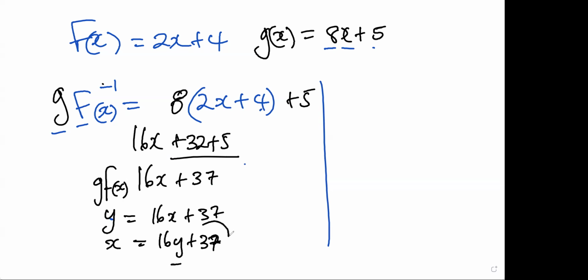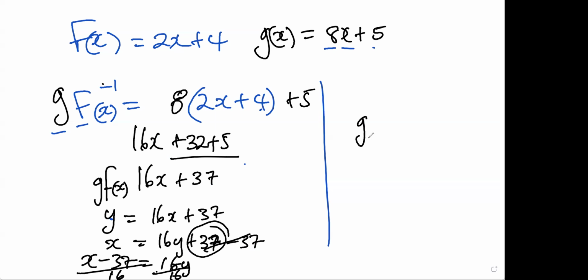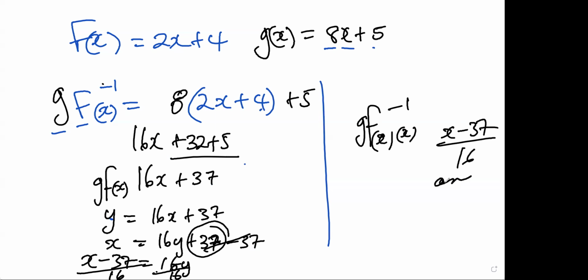So we're going to get rid of the positive 37. Anything we do to one side, we do to the next side. That gone, right? And the final step, divide by 16. So the inverse of g of x is equal to x minus 37 over 16. And that's our answer.